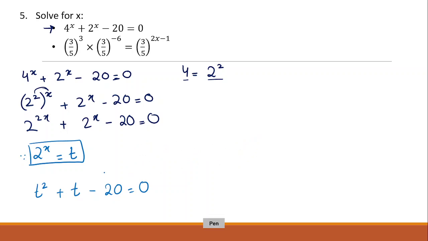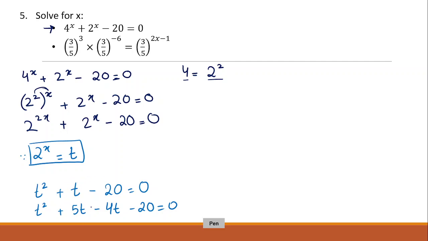Now when we apply the factors here, let's say we have t squared plus 5t minus 4t minus 20 equals 0. Why I have done this is because positive 5t and negative 4t is basically positive t, right? They both are the same thing.